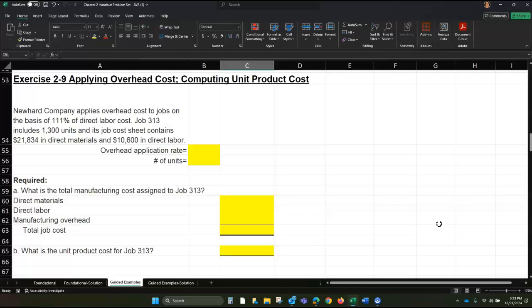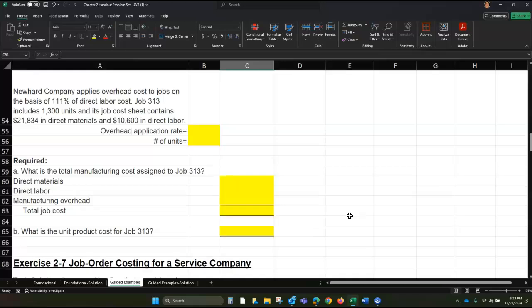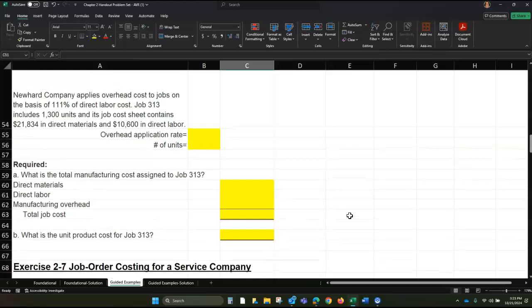Job 313 includes 1,300 units, and its job cost sheet contains $21,834 in direct materials and $10,600 in direct labor. Now, in requirement A, it says, what is the total manufacturing cost assigned to the job?